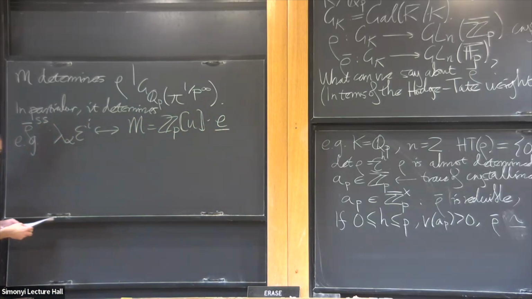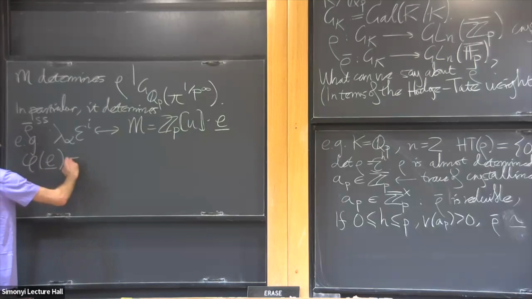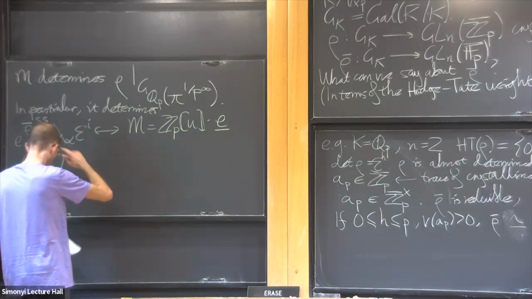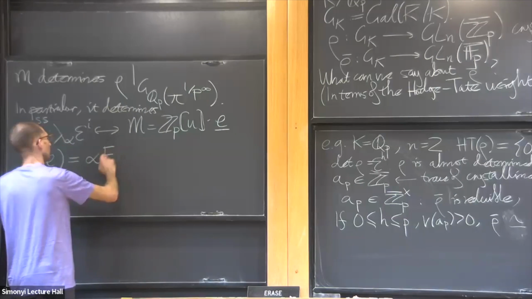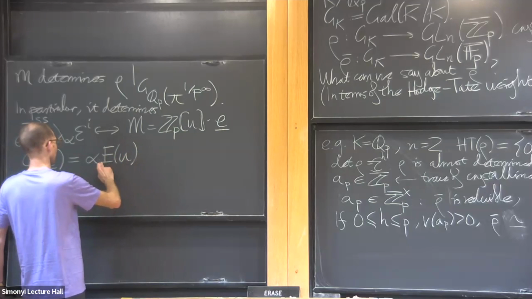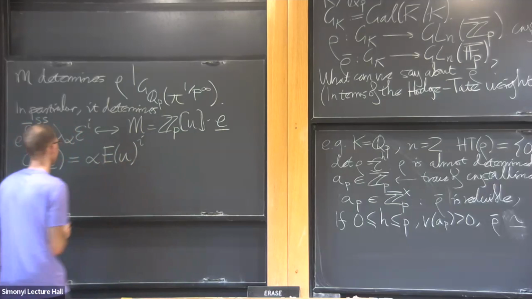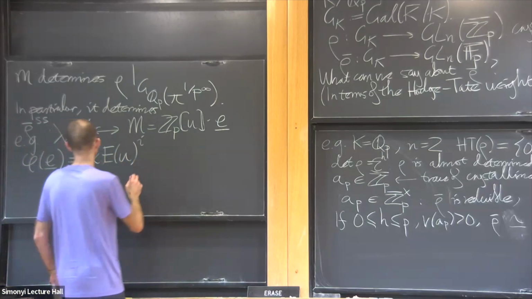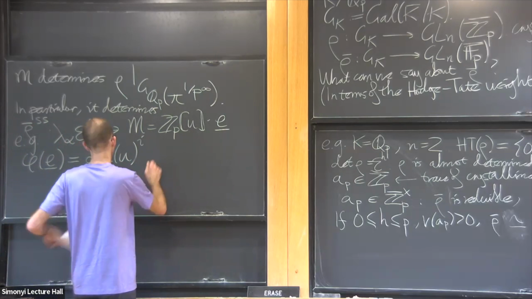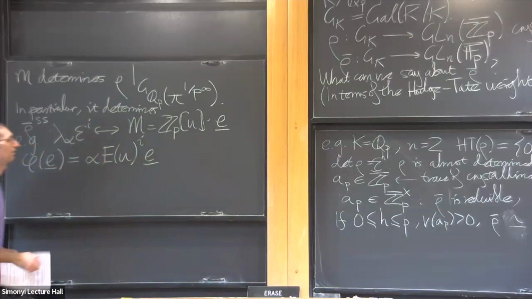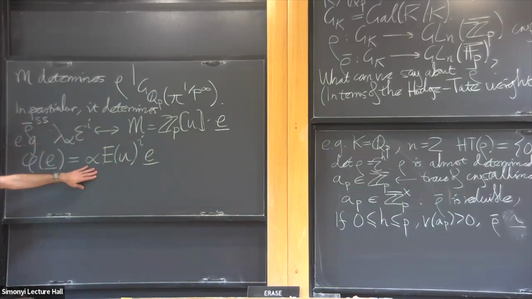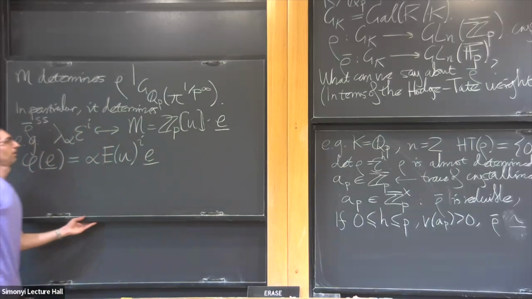This is just the generator for this rank 1 module, and the Frobenius is given by alpha times something. There really is a chance that I've got some inconsistency here, because I've not told you enough to pin me down. I didn't say which Frobenius I was using. So it's just given by this rank 1 thing here.